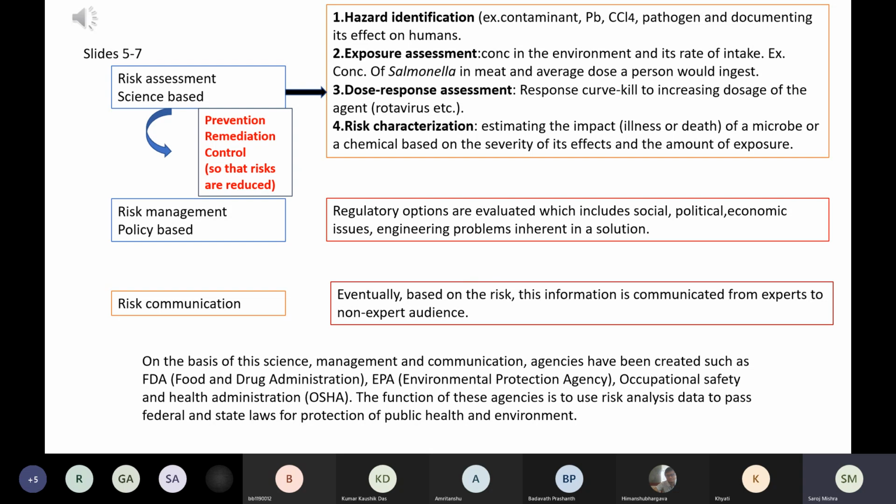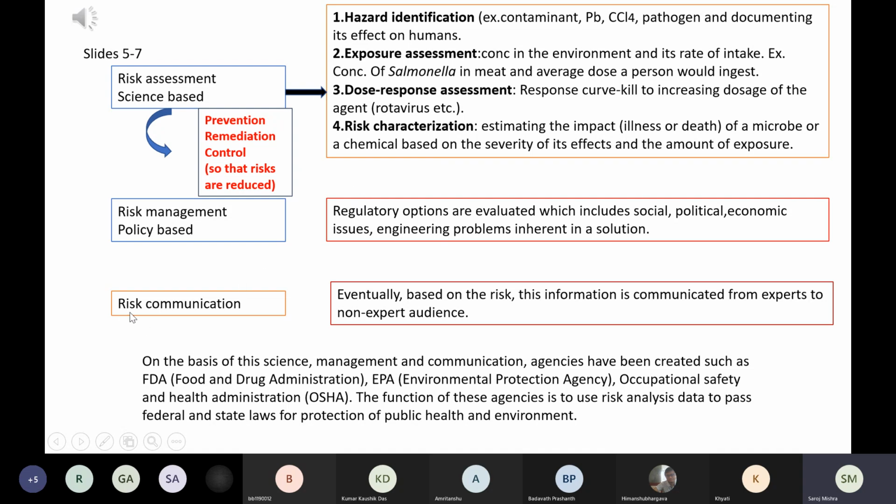Because 4, in his opinion, is too much, since then there is a 50% probability of somebody getting that particular risk. But if there are only 2 E. coli, then there is a 20% probability. So engineering problems and solutions can be devised on the basis of the risk which has been characterized. Okay, so solutions to the problems can only be devised once you have science-based data in front of you.